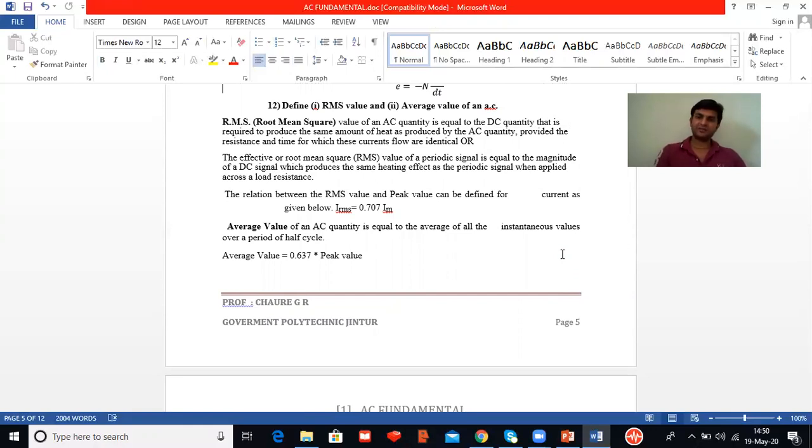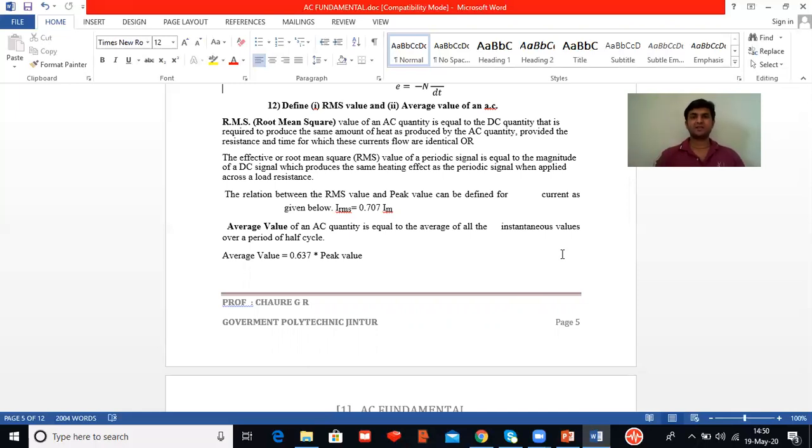When a steady state DC current flowing through the circuit produces heat, the same amount of heat is produced by an AC quantity for the same interval of time.